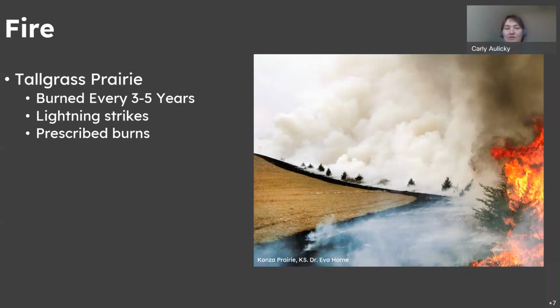And it's an absolutely fantastic way to also keep that climax from reaching that woody state. As you can see on the right-hand side of that photo there, certain trees like junipers actually catch on fire really easily. So fire is a way to keep them nice and open and still predominantly dominated by grassland.